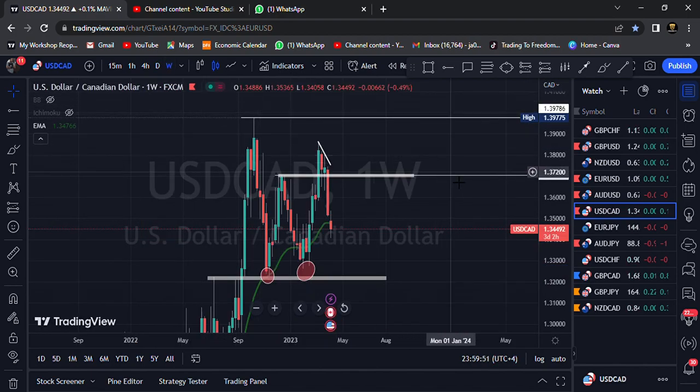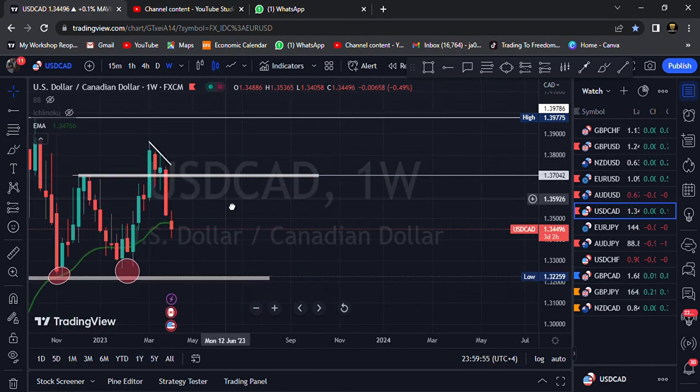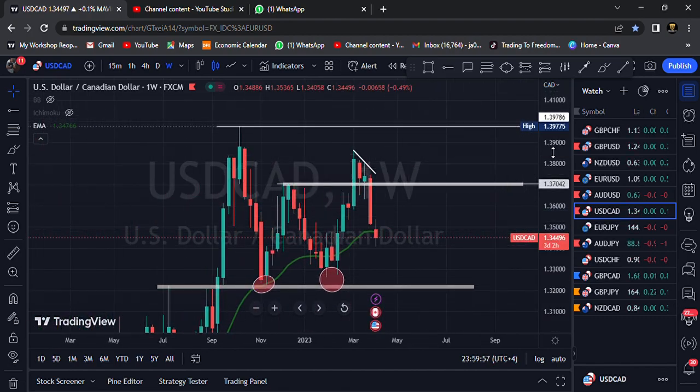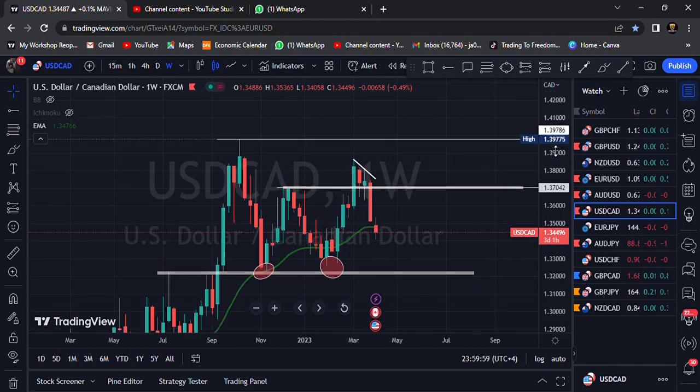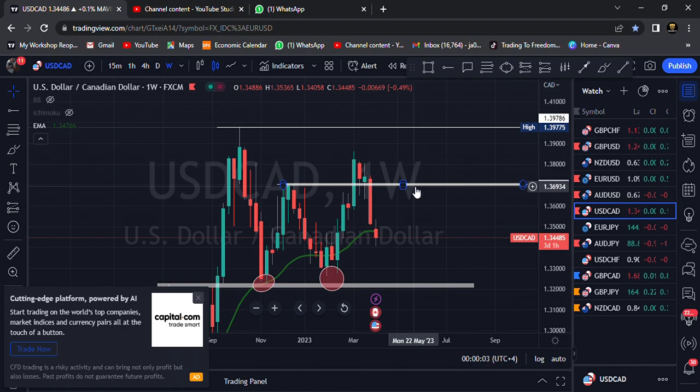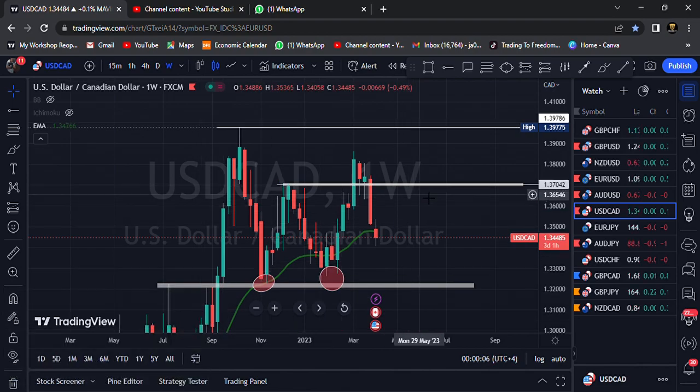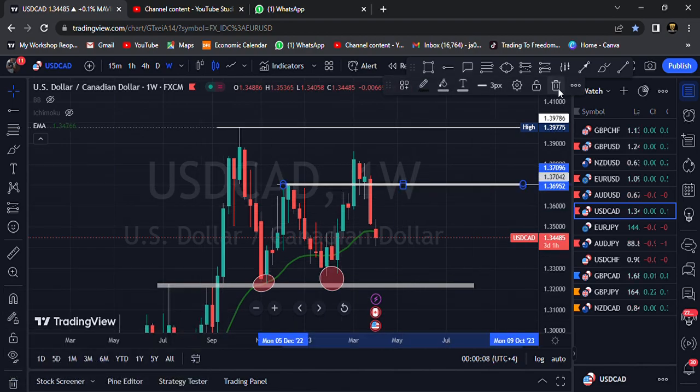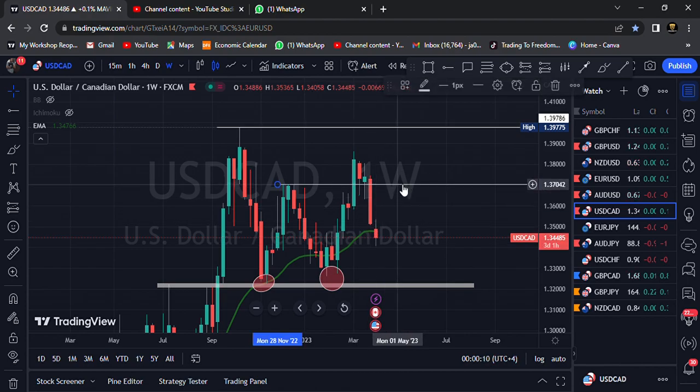So usually, as usual, we'll go to the weekly. First we check the structure. So as you can see, I had an analysis already putting out the key levels.